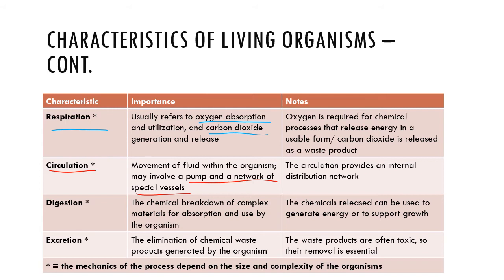For example, with excretion, desert animals such as cats have much more efficient kidneys than humans, but we usually think of humans as being more complex. Well, in that instance, no, our kidneys don't work as well as cats. So depending on the complexity of the organism, there can be different variations.